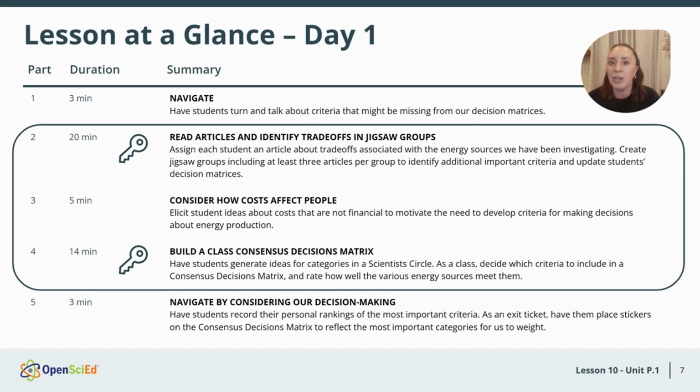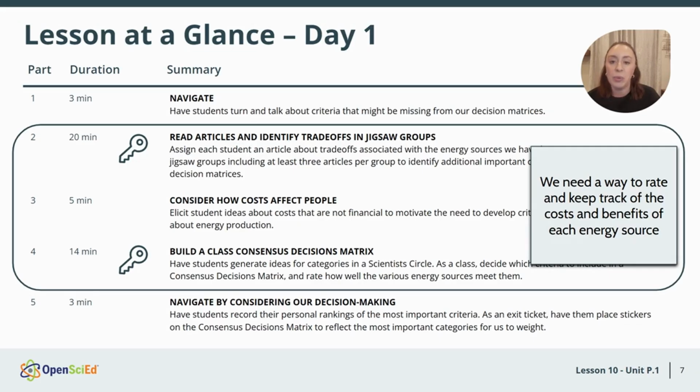As in lesson 9, we were really just looking at the storage solutions. By thinking about all of these trade-offs, we realize that we need a way to actually keep track of them and rate them all in one place. So we decide to create a class consensus matrix and combine our ideas from the individual matrices that we created and have been using throughout the unit.